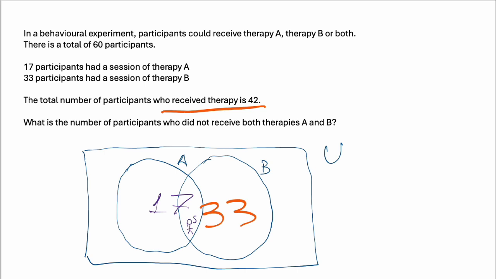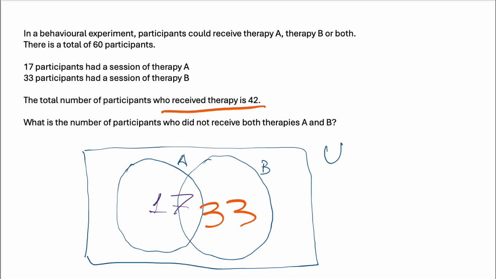I kind of have to discount the overcounting. So if I have 17 plus 33, summing up to 50, but only 42 received therapy, how many are in the intersection?